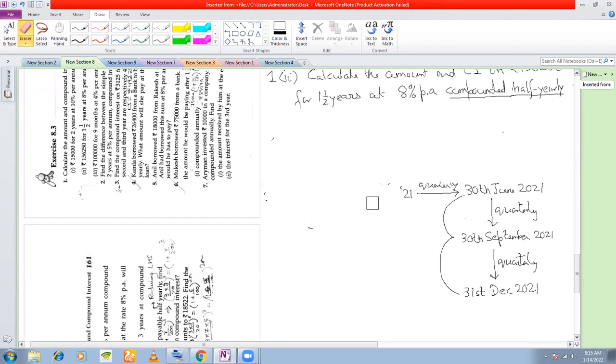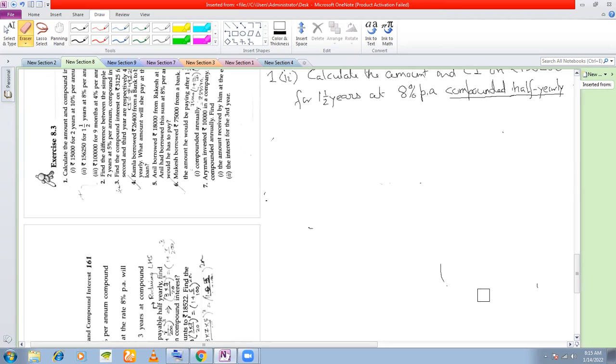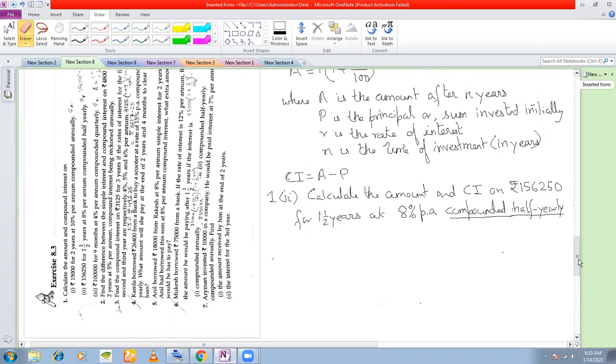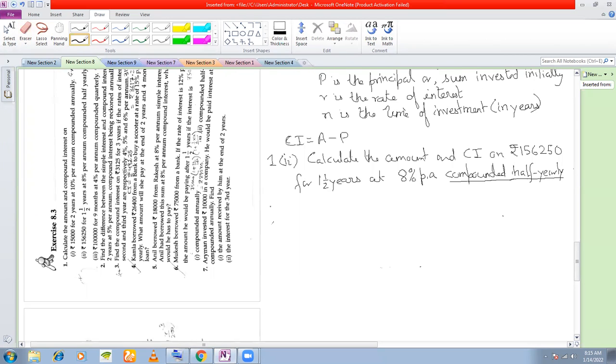So now let's move back to this problem. Here, principal is how much? 156250, right? And you have the time as 1.5 years, right?